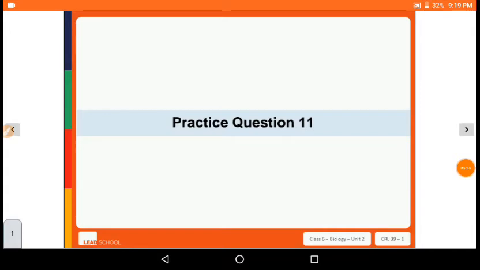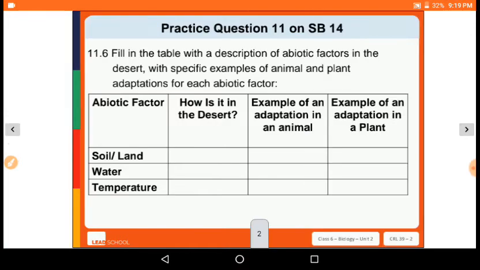Now, students, let's solve the next practice question 11 regarding the natural habitat of particular organisms. So first, we will solve question number 11. The question is: on your SB 14, 11.6, fill in the table with the description of the abiotic factors in the desert with specific examples of animals, plants, and adaptations for each abiotic factor.